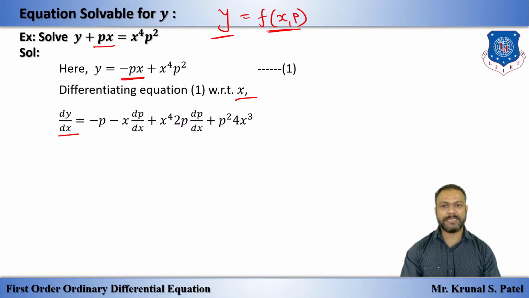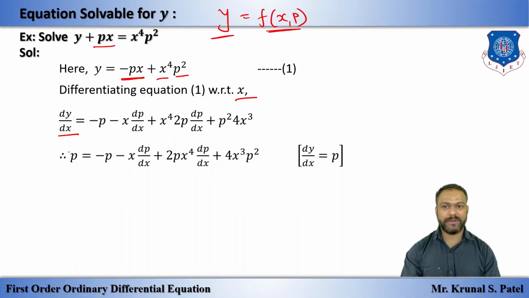So minus p as it is, differentiation of x is 1. Now product rule: plus, but because of this minus, x as it is, and differentiation of p with respect to x is dp by dx, and similarly the product rule here. Now we know the value of dy by dx is p, so by putting that in and simplifying, we will do this step.